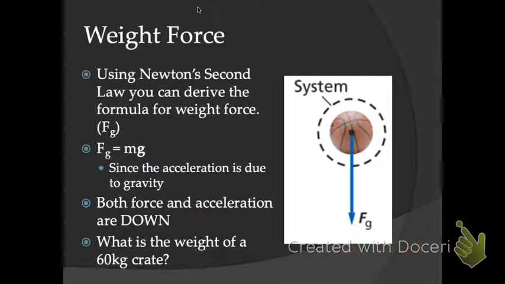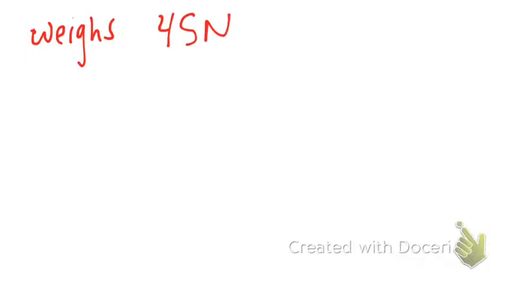What happens if I say I have an object that weighs 45 newtons? How would I find the mass of that object? I just divide it by 9.8, right?